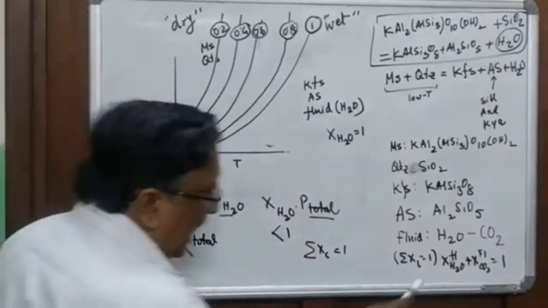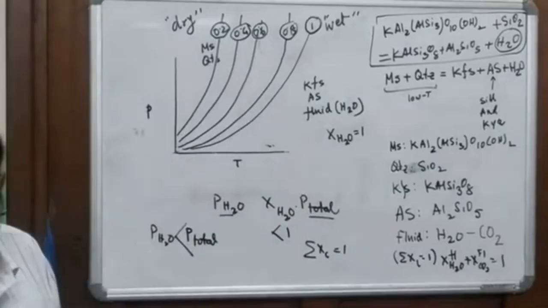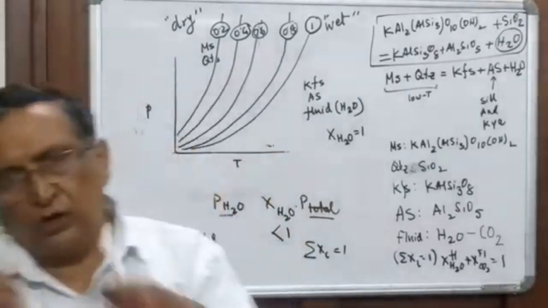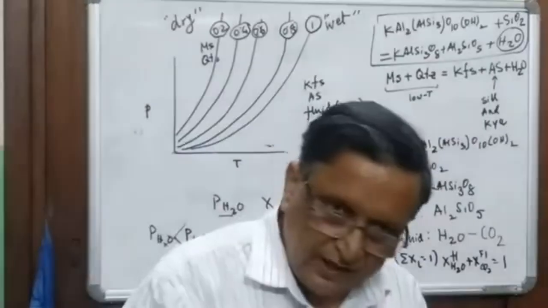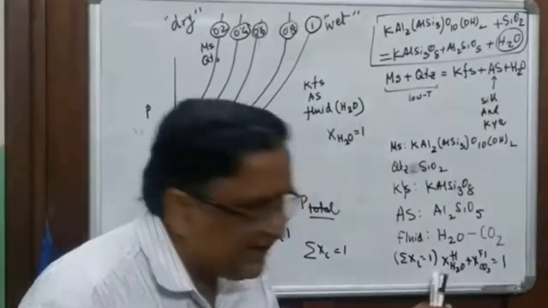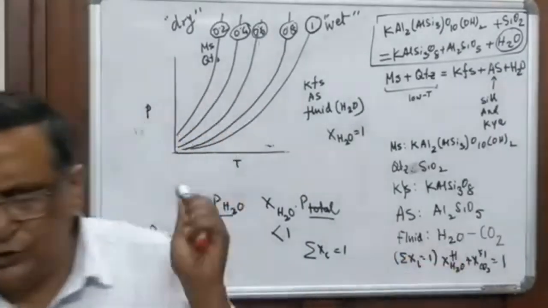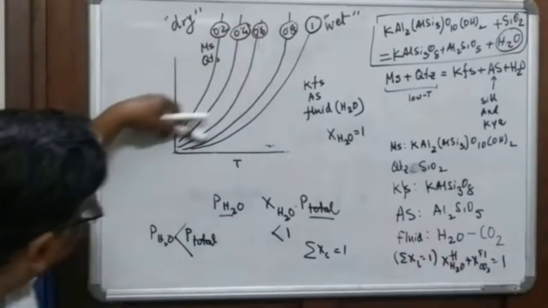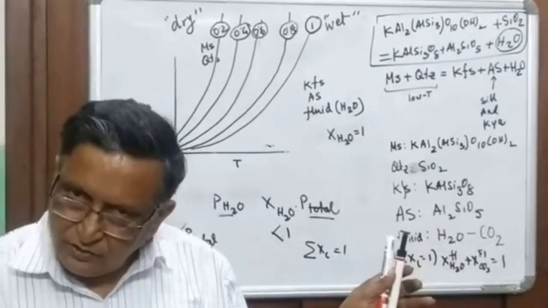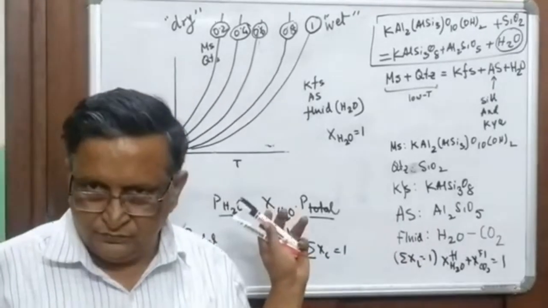But remember, out of these two, only one is an independent variable. If you know XH2O, XCO2 is already fixed. If you know XCO2, XH2O is fixed. So one variable is involved here. But if your fluid is pure H2O, like here, there is no XCO2. That's for sure.